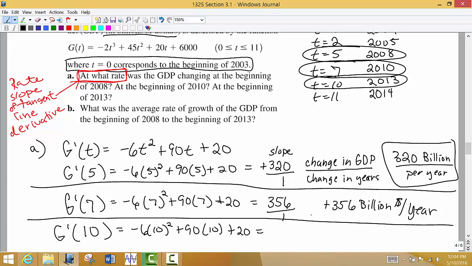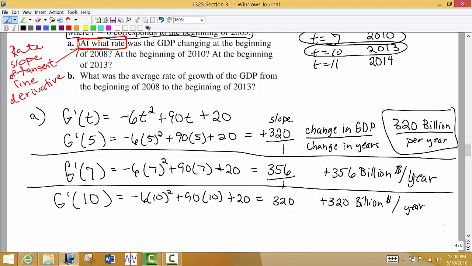Throw that right into my calculator and I get once again 320. So it's telling me that my gross domestic product for this country is increasing, so a positive slope, by $320 billion per year at this particular year. So at the beginning of 2013, we're increasing by $320 billion per year.